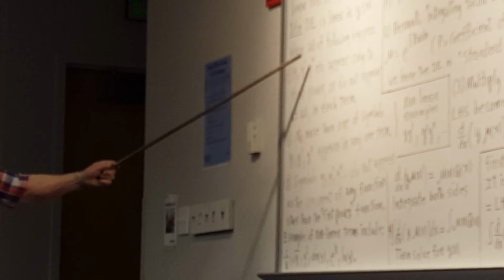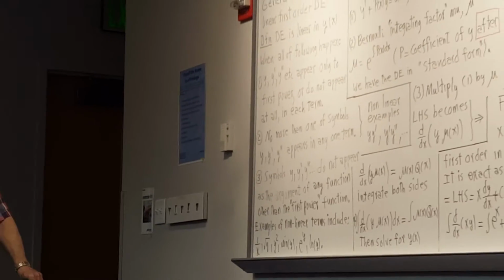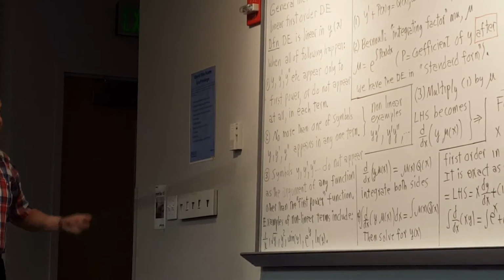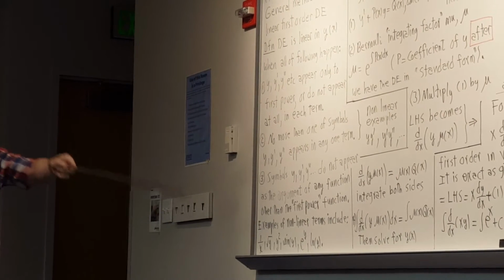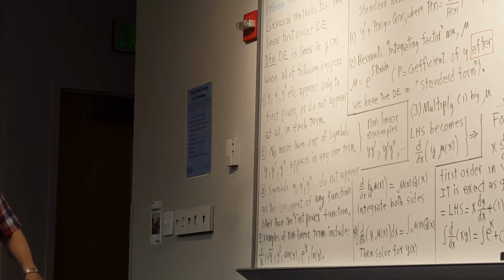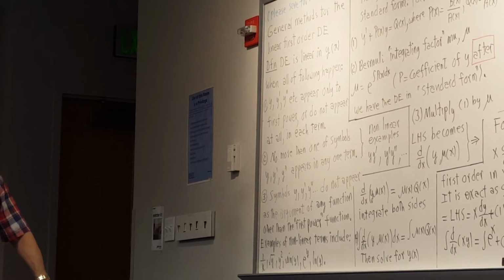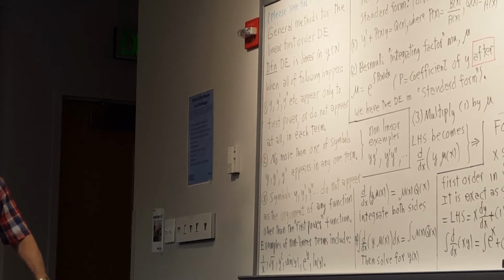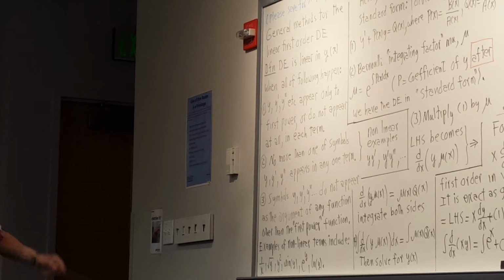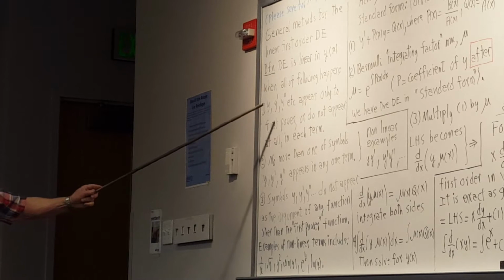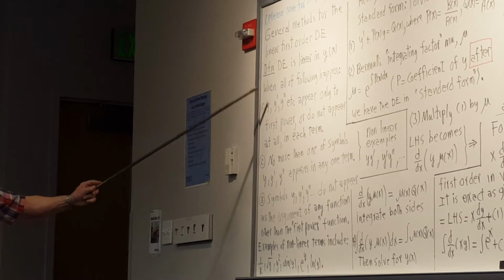Remember, the order from yesterday is the highest order derivative that appears. The differential equations in this class in your book are all first order, but many that are important are second order. And clear over at the right, I have the second order differential equation for an electric circuit where the charge is the variable, for example.